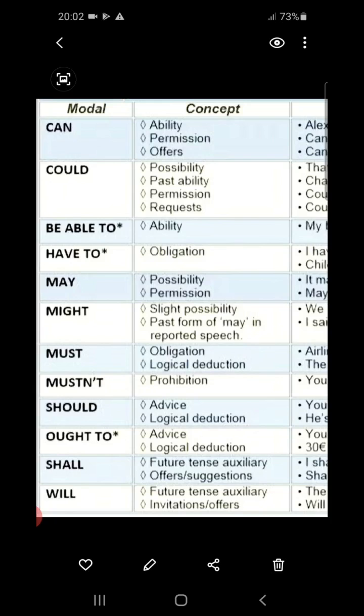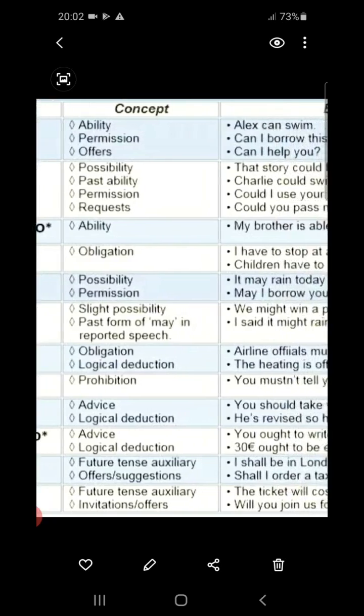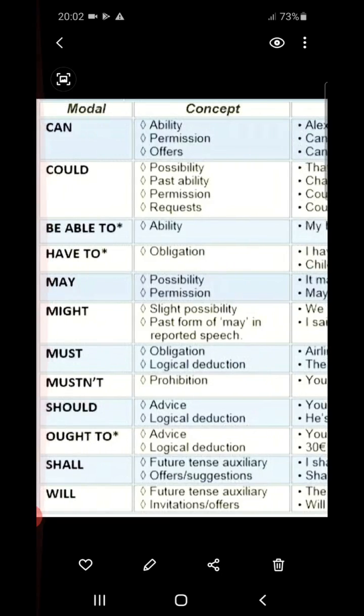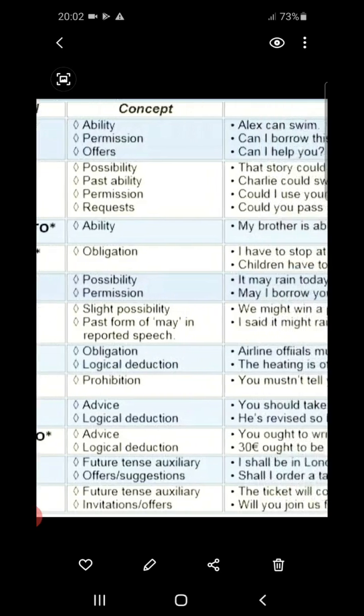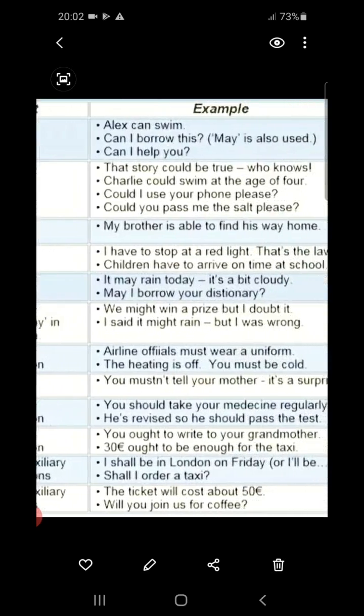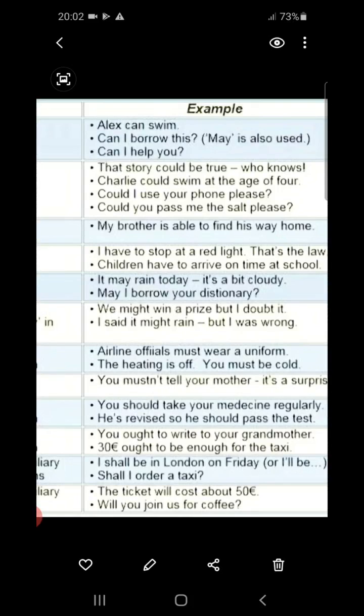Next one, be able to. Actually, students, this one also sometimes known as a less used modal. Let's see. It reflects ability. My brother is able to find his way home.